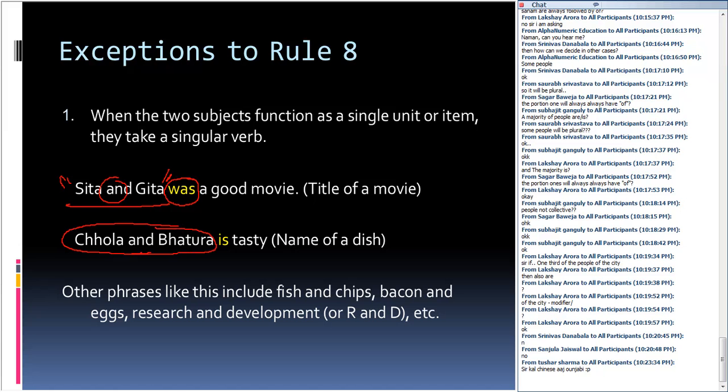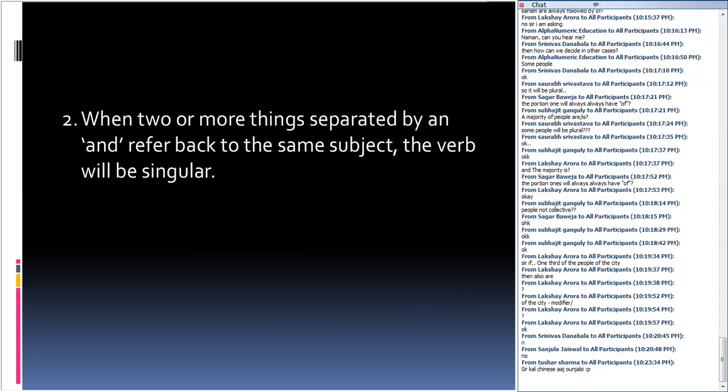So this is one exception when the two subjects function as a single unit or item, then they take a singular verb. ये पहला exception है. दूसरा भी exception है when two or more things separated by an and refer back to the same subject. अब देखो यहाँ पे redundancy होगी. Refer back नहीं होना चाहिए, refer होना चाहिए.